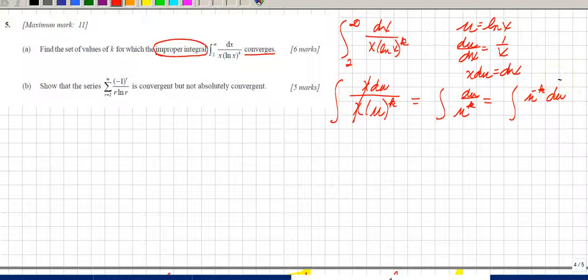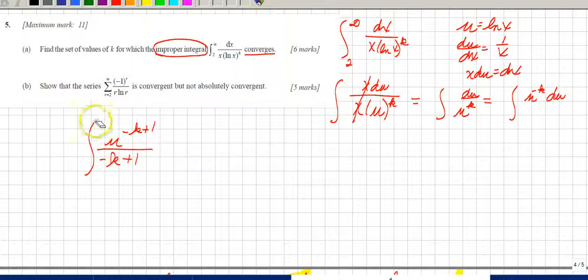So now we just use our basic integration technique. We're going to increase that power so it becomes u to the negative k plus 1 power over the new power, negative k plus 1. At this point, let me get rid of that integral sign. We just integrated it. Don't need that anymore.